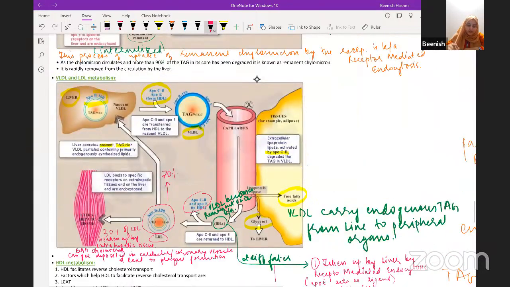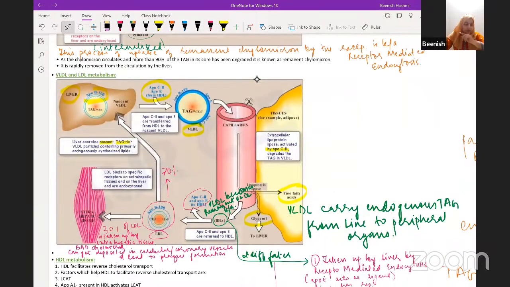Let me just quickly recapitulate this for you. Your liver secretes nascent VLDL, which is rich in endogenously synthesized lipids, and it only has ApoB100. After being released, it acquires ApoC2 and ApoE from HDL, and becomes mature VLDL.